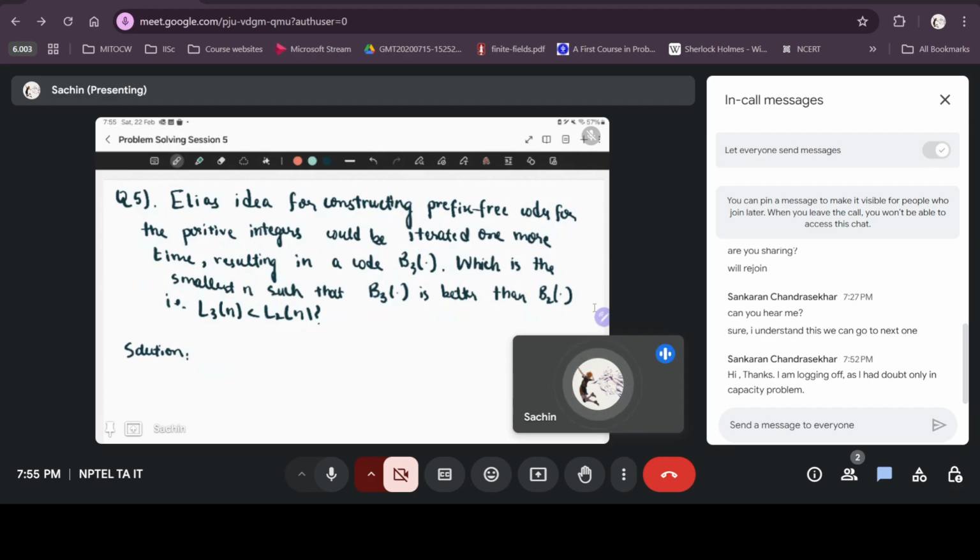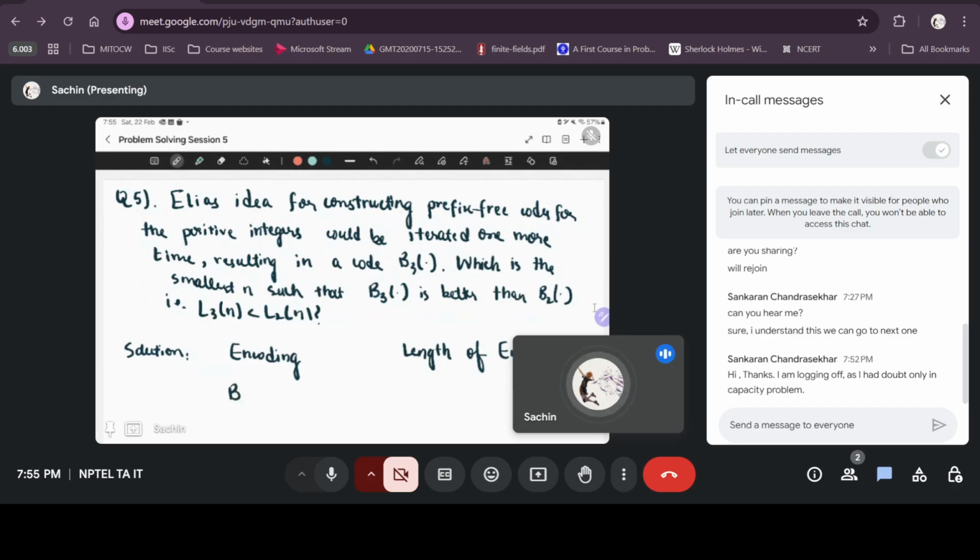So for quite a few numbers, B2 is still better. Having more iterations will only become better as you are encoding larger and larger numbers. So you will actually have to estimate and compare the lengths of each procedure.